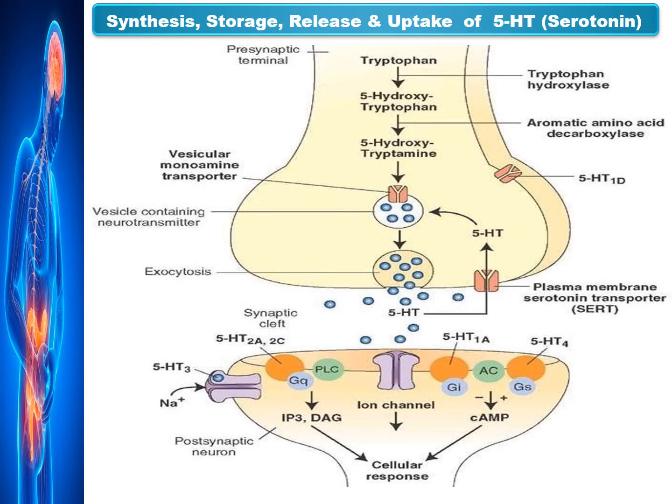Also, here we can say vesicular monoamine transporter, that is denoted as VMAT2. It transports the 5-hydroxytryptamine from cytoplasm to the interior of the storage vesicle.